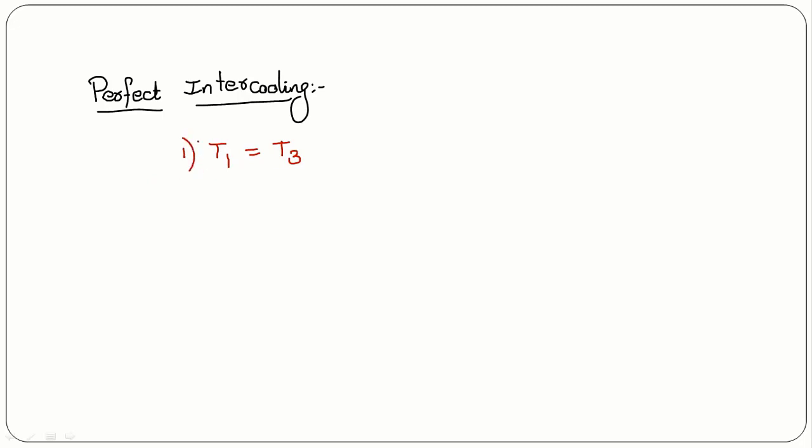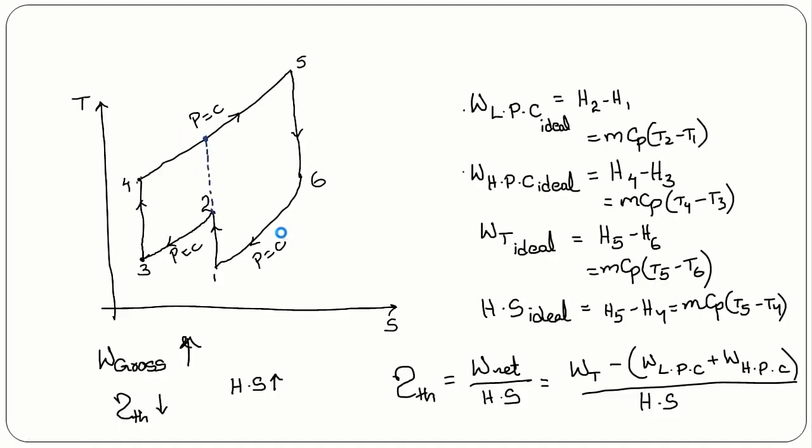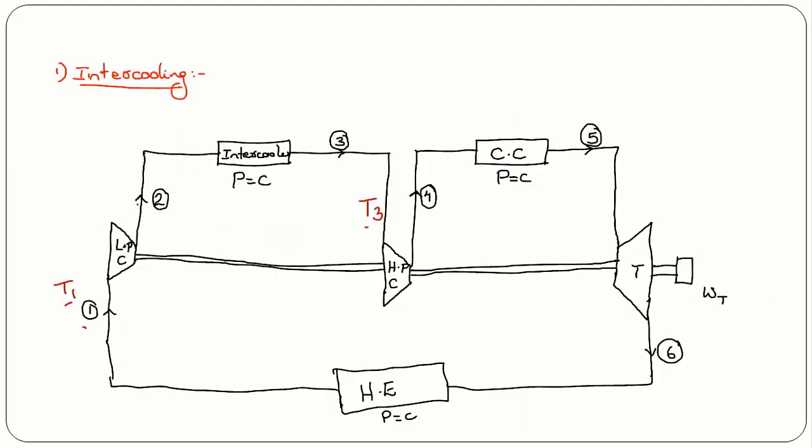In order to have this perfect intercooling, the pressure ratios in both the compressors should be the same. The pressure ratio in the low pressure compressor is P2 by P1, whereas the pressure ratio in the high pressure compressor is P4 by P3.